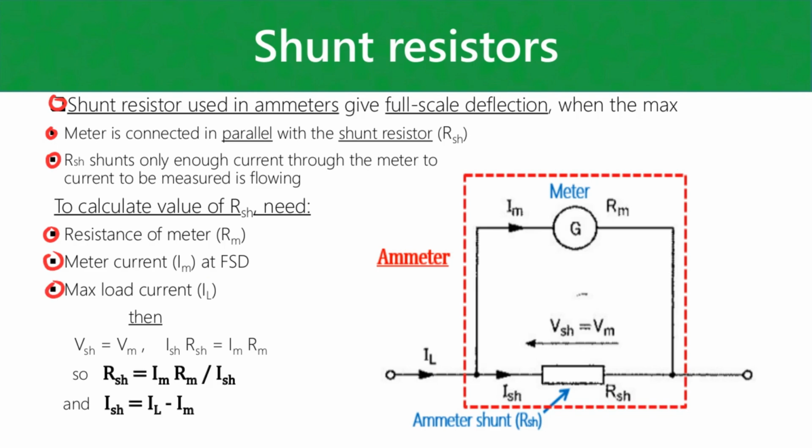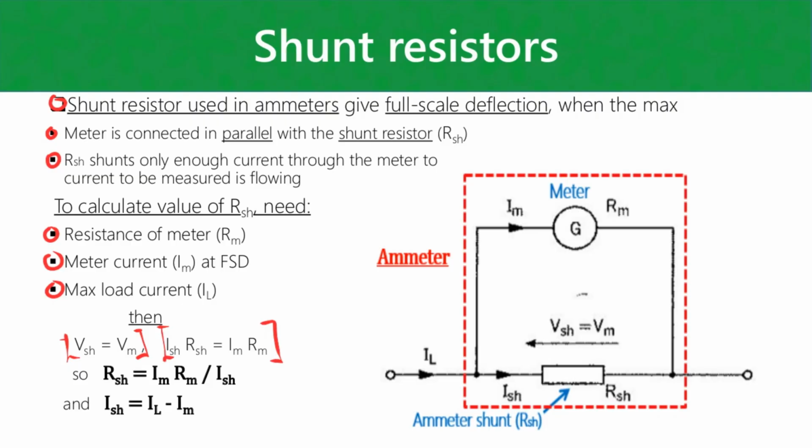The maximum load current is also what we're going to need here. So basically, the voltage across the shunt resistor is the same as the voltage across the meter, which means that the shunt current multiplied by the shunt resistance is equal to the meter current multiplied by the meter resistance.